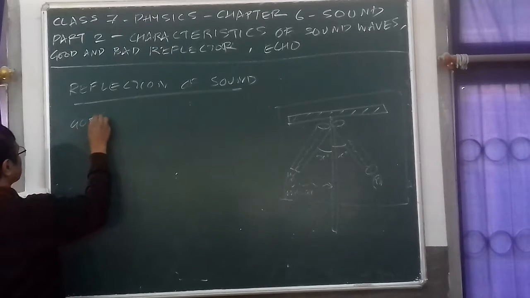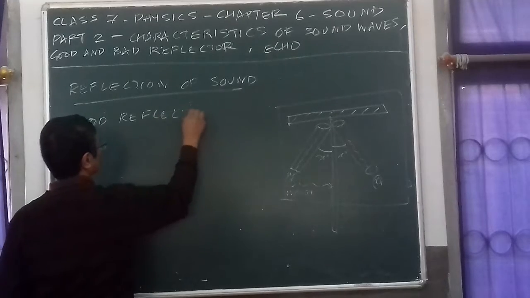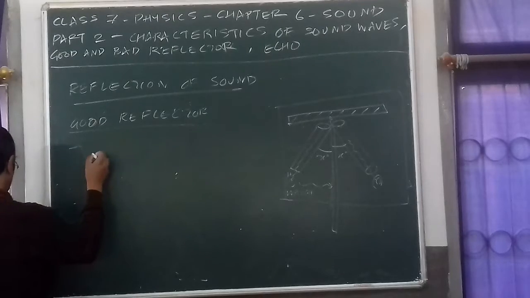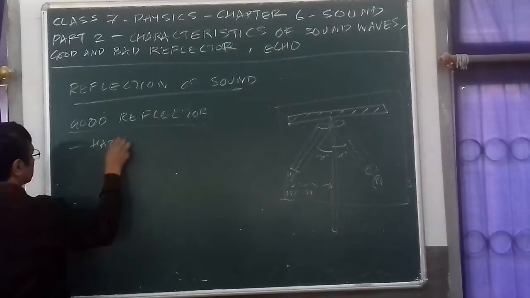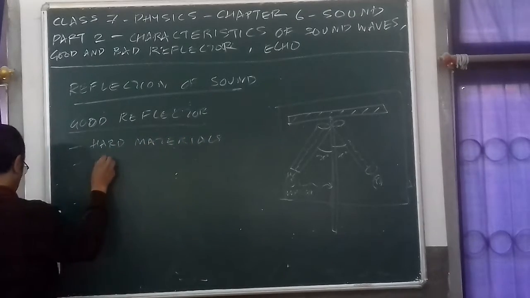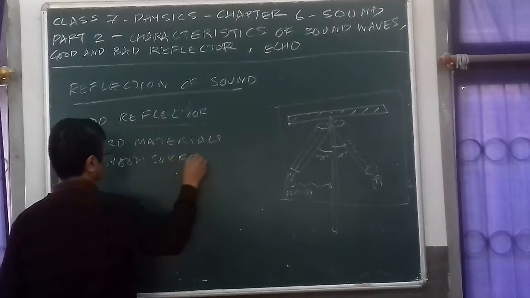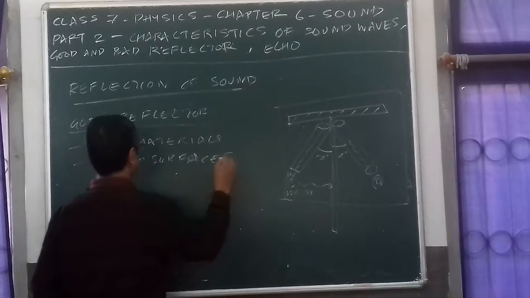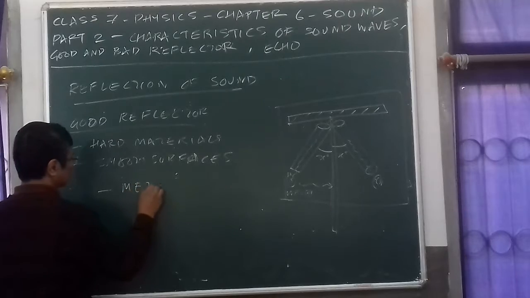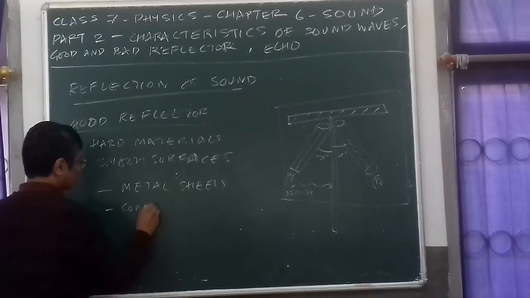There are good reflectors of sound, and examples of good reflectors are hard materials and smooth surfaces, for example metal sheets and concrete walls.